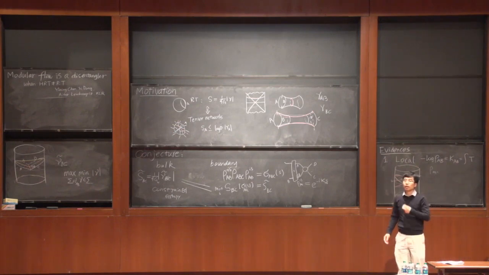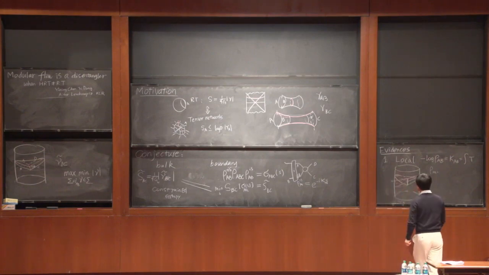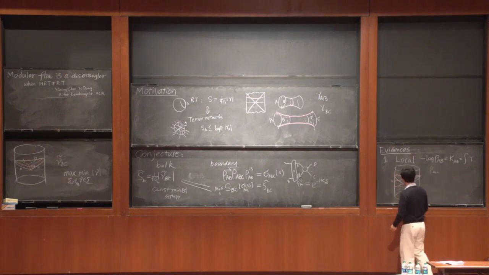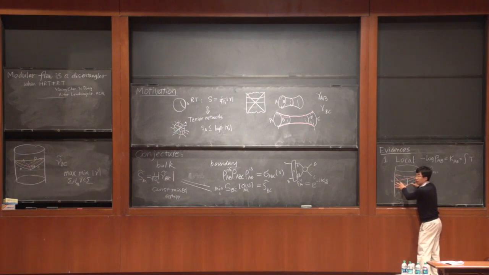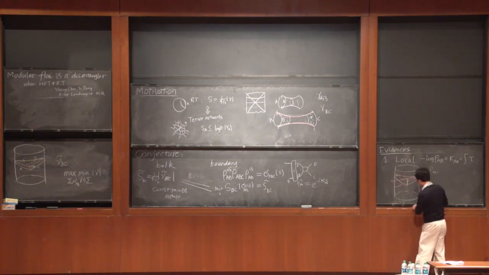I also don't understand what Don is asking about. How do you see that this straight line has equal area to the other line that you drew on the other board? So the argument is if you do this modular flow and follow how that kinked line evolves, then it starts from here, and then it's doing something like this, right?